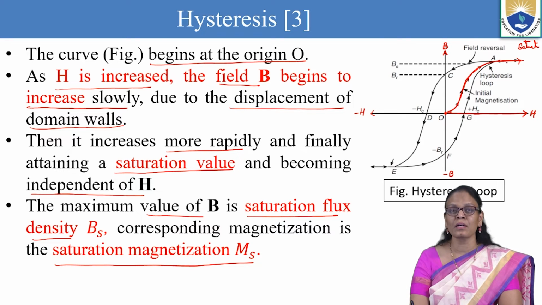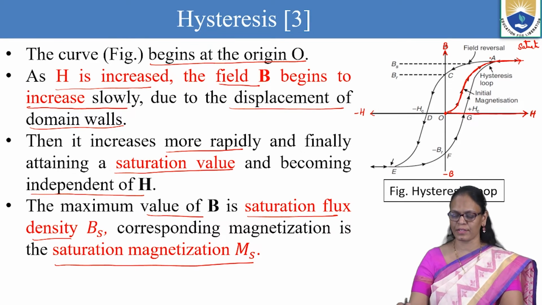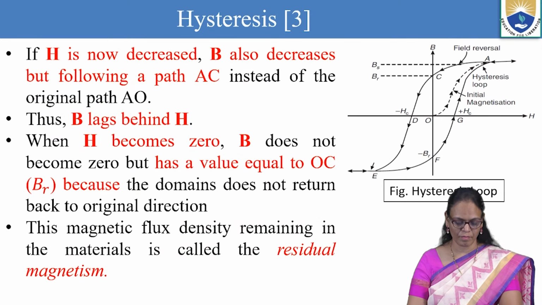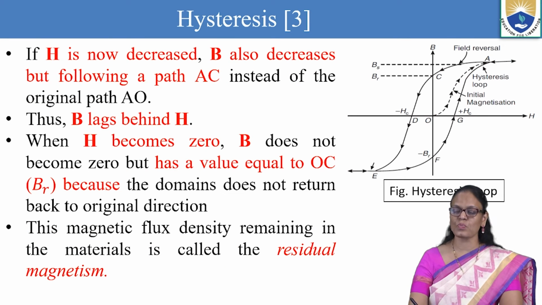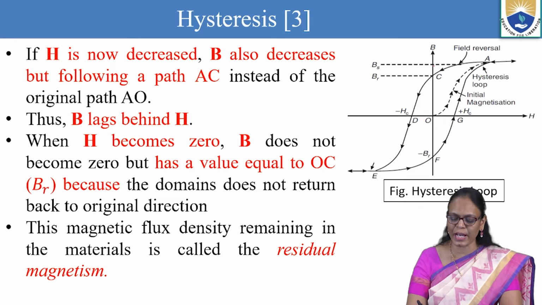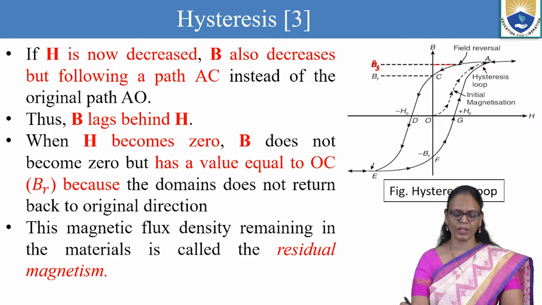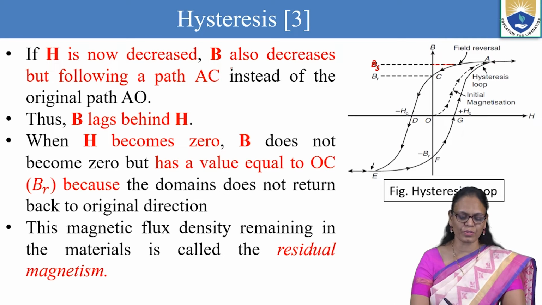It has already reached the saturation point. So we call it saturation magnetization, and this value we denote by BS. BS denotes the saturation.